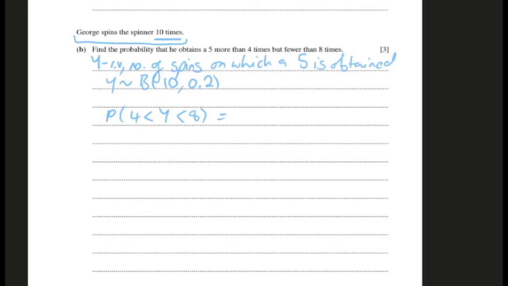Okay, so let's find that. Probability that y equals 5, 6, or 7. We'll use the formula for binomial probabilities, which is in the MF19.